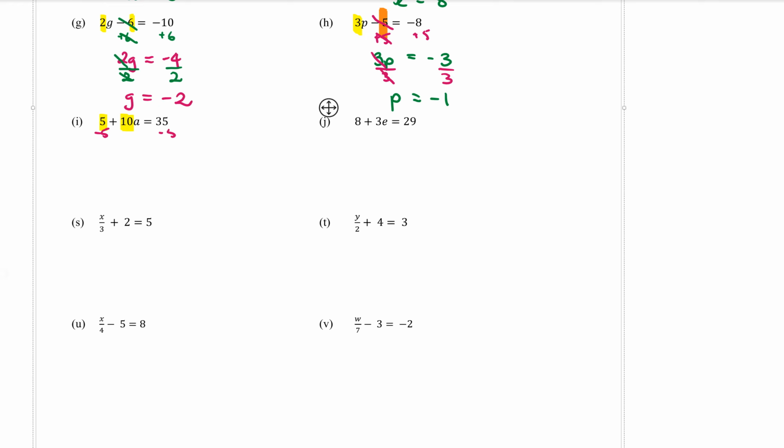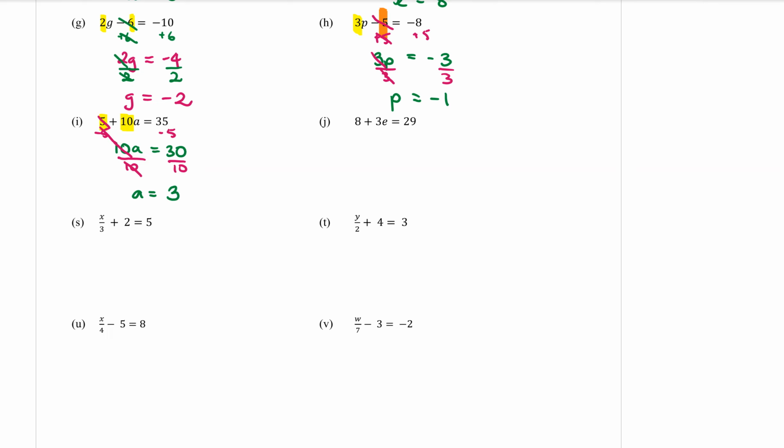So cancel those off. I have 10a left, and 35 take away 5 is 30. Then to get rid of the 10 with the a, I need to divide by 10. Cancel the 10's off. A is by itself. 30 divided by 10 is 3.